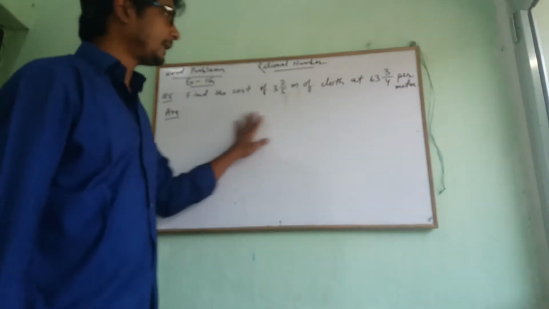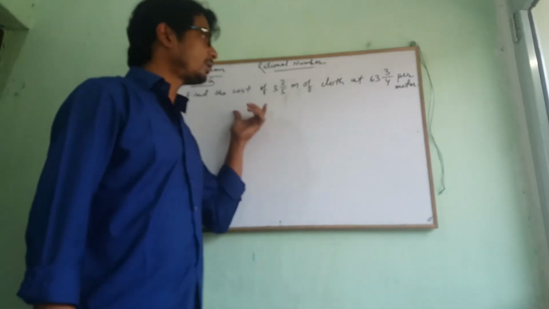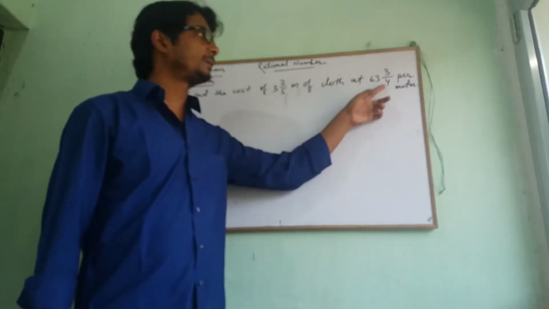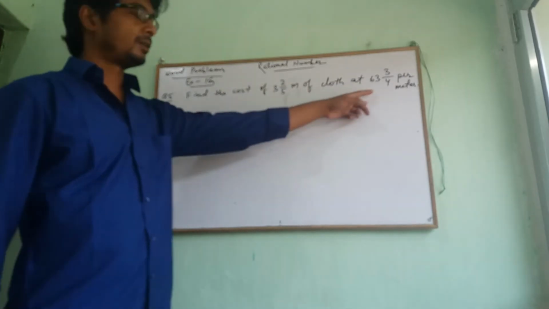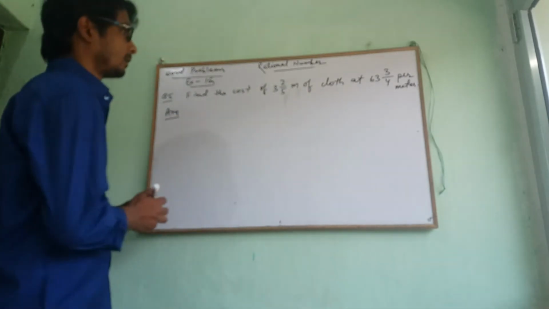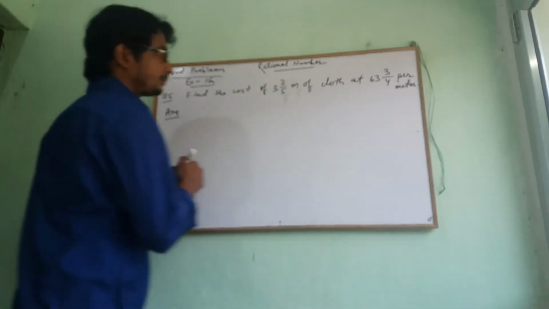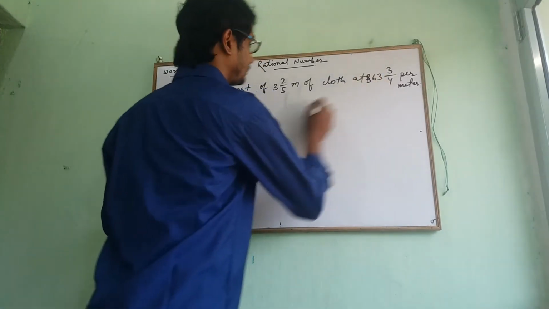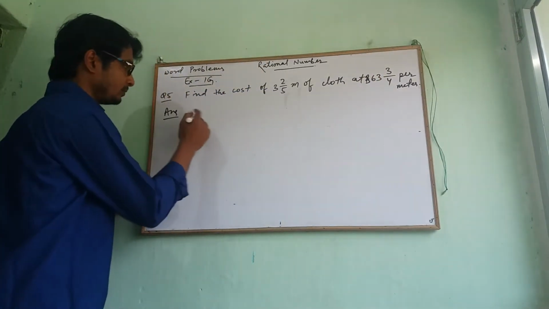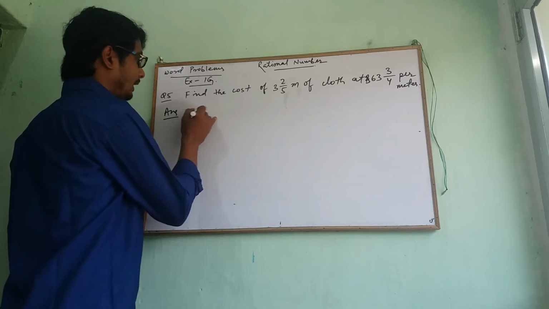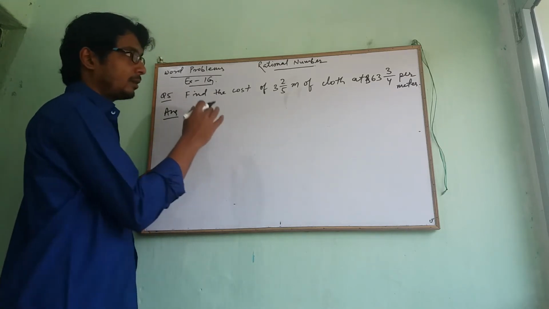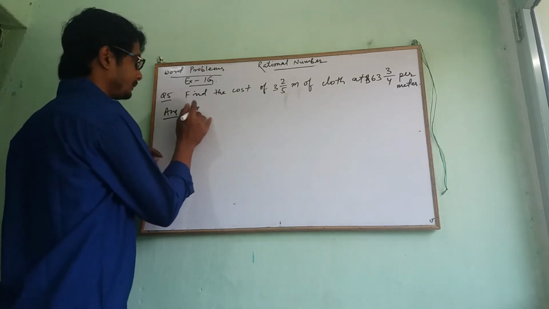So here you can see that 1 meter of this cloth costs rupees 63 whole 3 by 4. Now what I will do, I will just write it here.